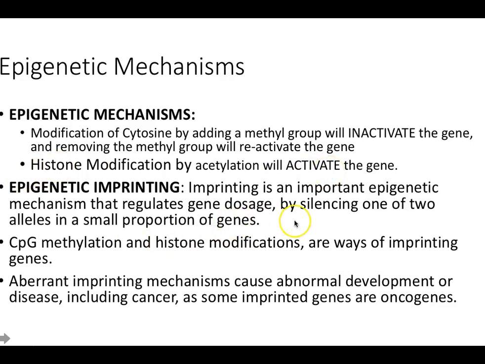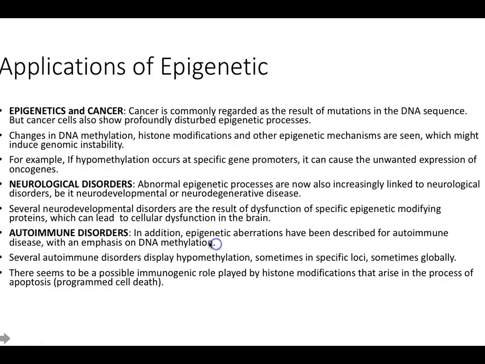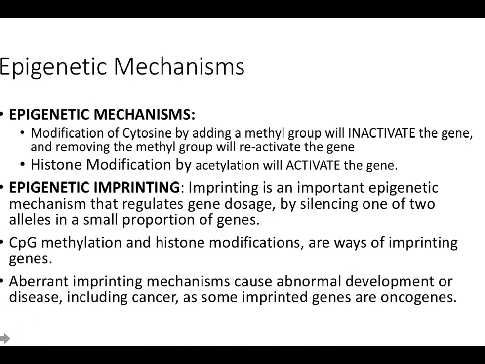Everybody gets an imprint of their epigenetic modifications, and so you can silence or activate a number of genes. So CpG methylation and histone modification by acetylation are ways of imprinting genes. And aberrant imprinting can cause abnormal development and disease later on.